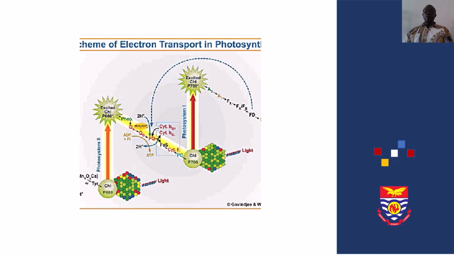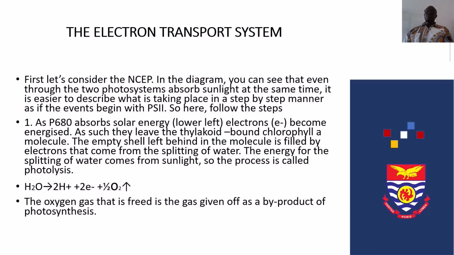Then it moves to photosystem 1, where the pigment for absorption is 700, and it moves through all the stages to the electron transport system.